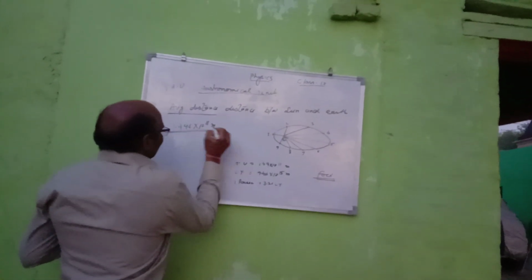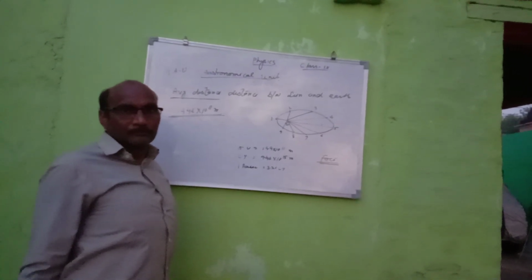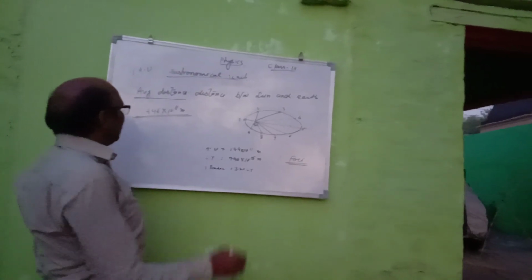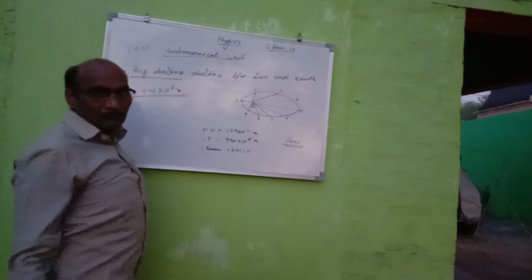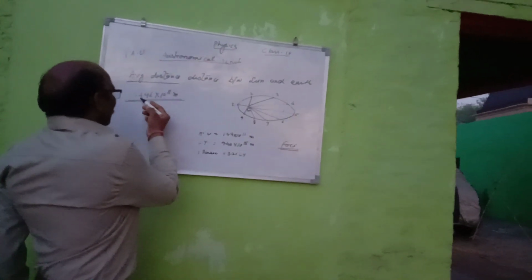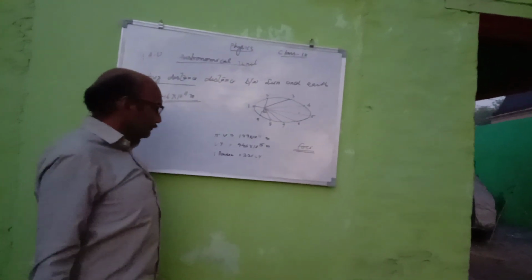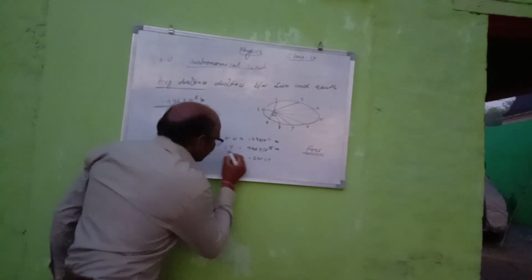This is the average distance between the sun and earth. I hope you all have understood about the one astronomical unit. The earth revolves around the sun in an elliptical path, and the average distance is equal to 1.496 × 10^11 meter.